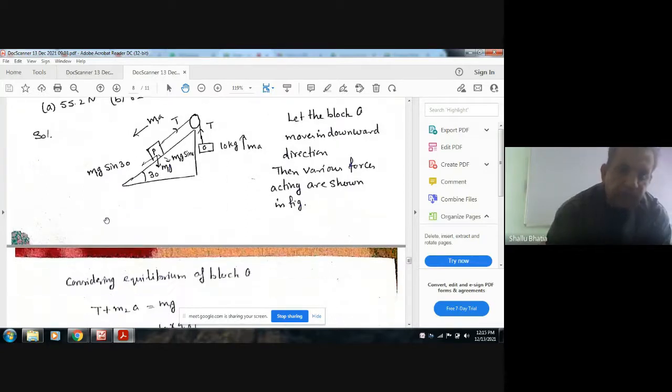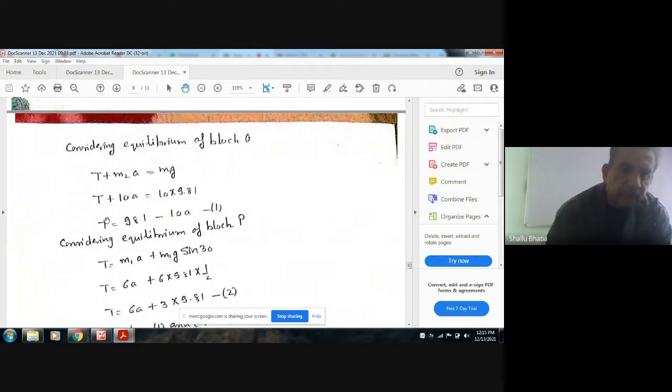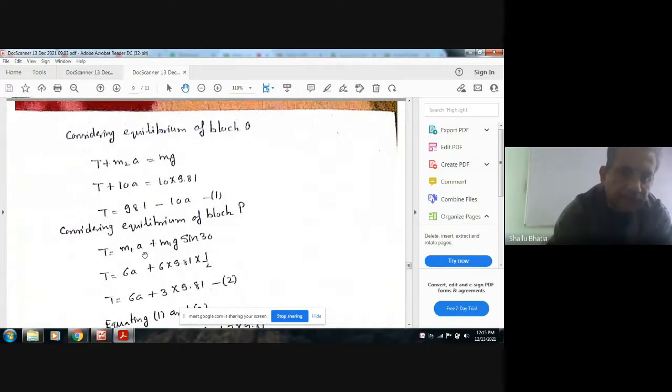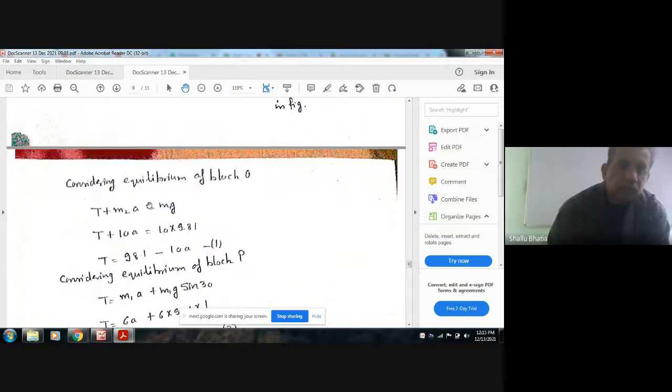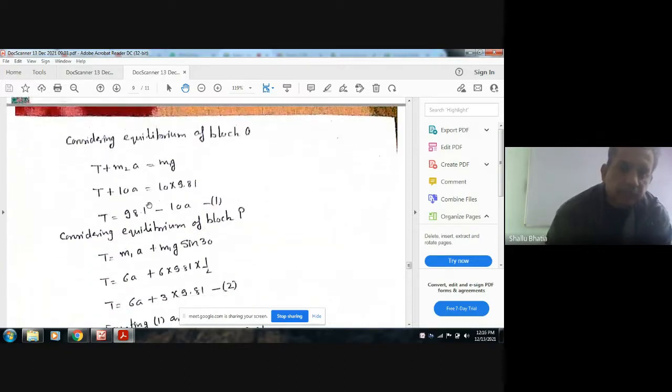As there is no frictional force, T is equal to m1a plus m1g sin 30. Here it should be mg cos theta, because this angle is bigger, and by mistake it is mg sin theta here. It should be mg cos theta, and this component should be mg sin theta. So this angle is 30, this angle is also 30. It's some mistake, but the answer is correct.